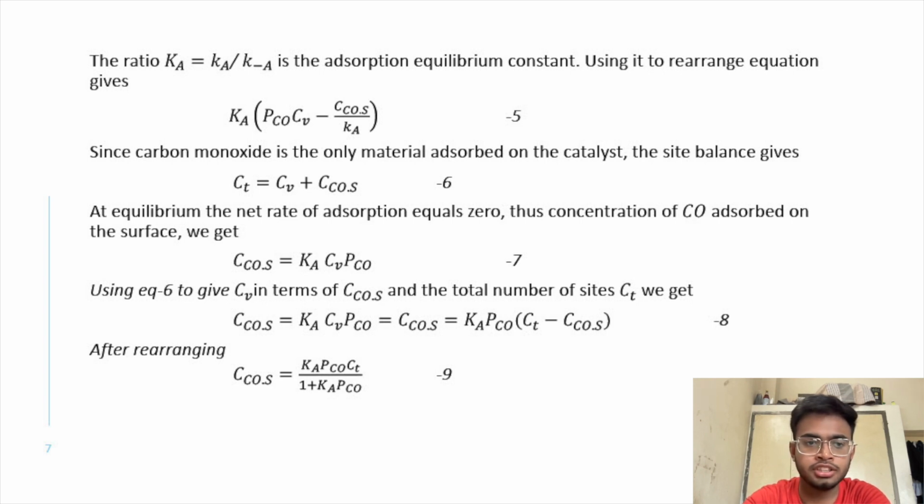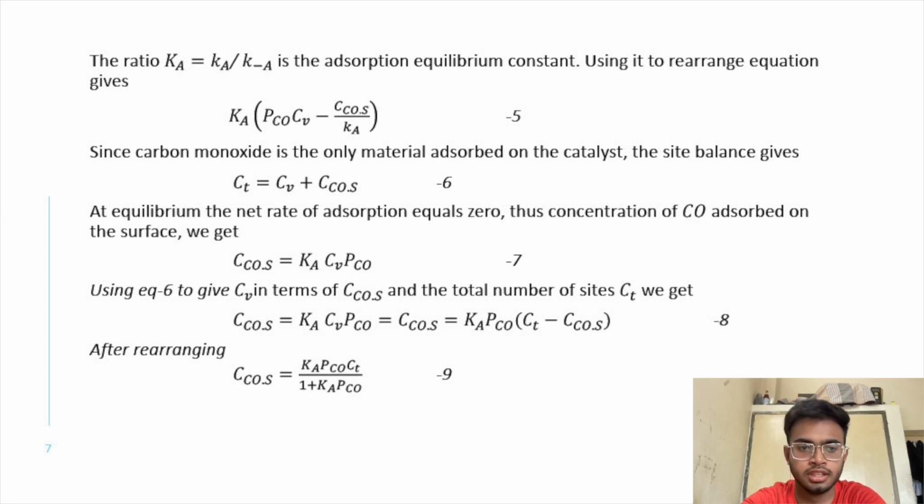And after rearranging the equation, we obtain the equation 5, that is Ka into PCO into Cv minus concentration of carbon monoxide on the surface divided by the equilibrium constant. And since carbon monoxide is the only material that is adsorbed on the catalyst or the site, the total concentration of the site or the surface is Ct, that is equal to concentration of vacant site plus concentration of the carbon monoxide that is already present on the surface.